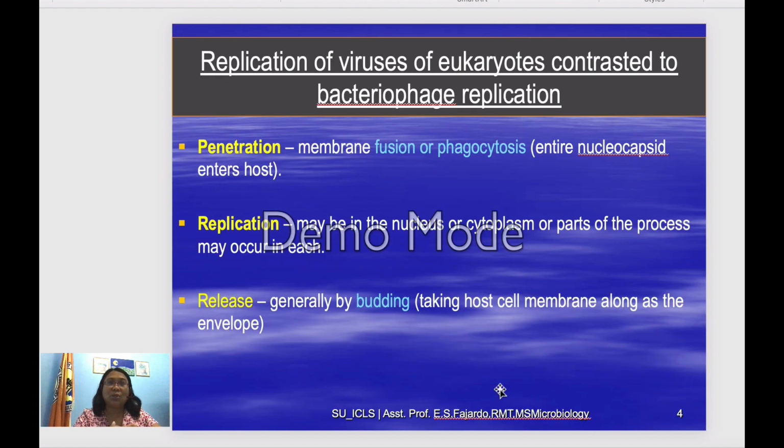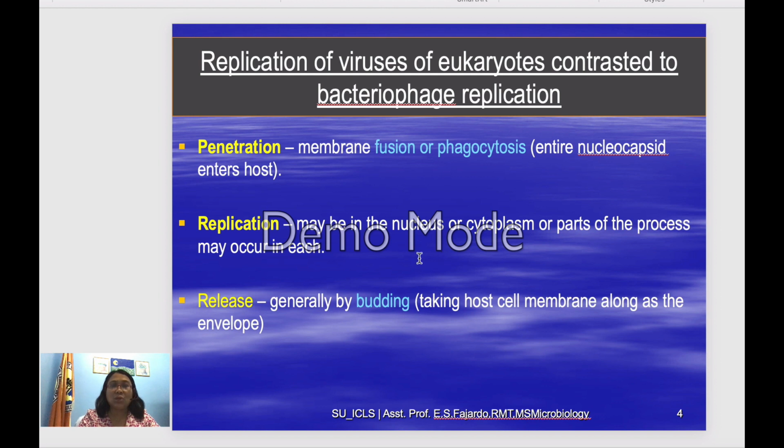The replication of viruses of eukaryotes can be contrasted to bacteriophage replication. These are the following similarities and differences. In penetration, they usually exhibit membrane fusion or phagocytosis.